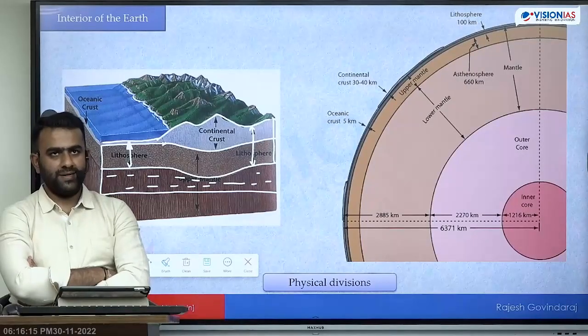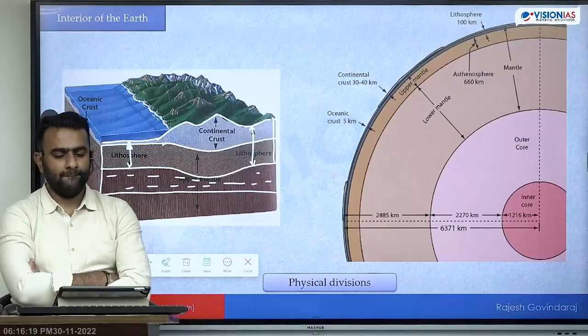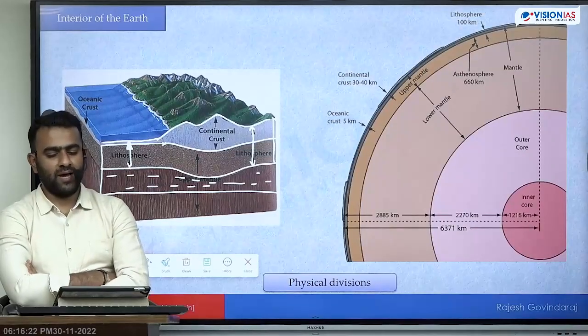Next point, it is the source of magma to the surface.